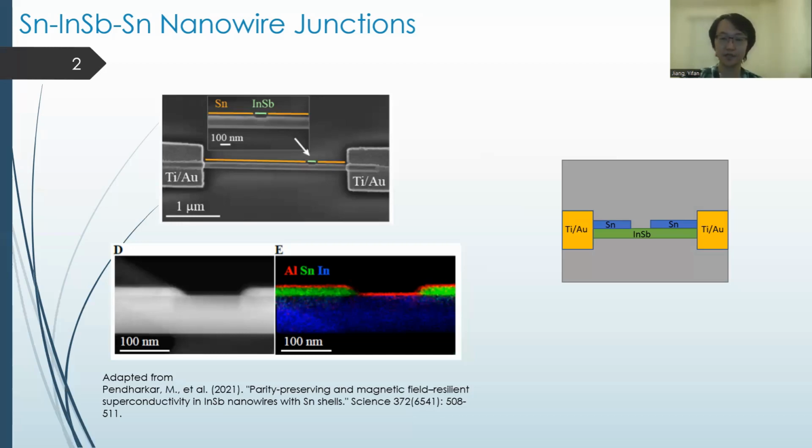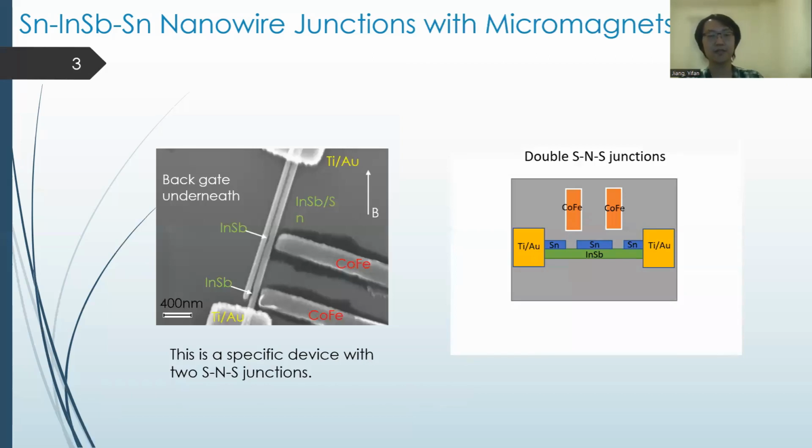SNS junctions. Here is an image of a device I fabricated using this indium antimonide nanowire. For this particular device, there are two SNS junctions. Additionally, I deposited two cobalt iron strips close to the SNS junctions.